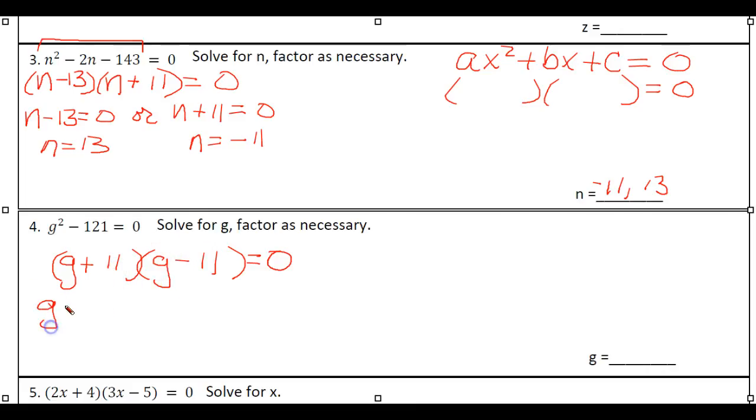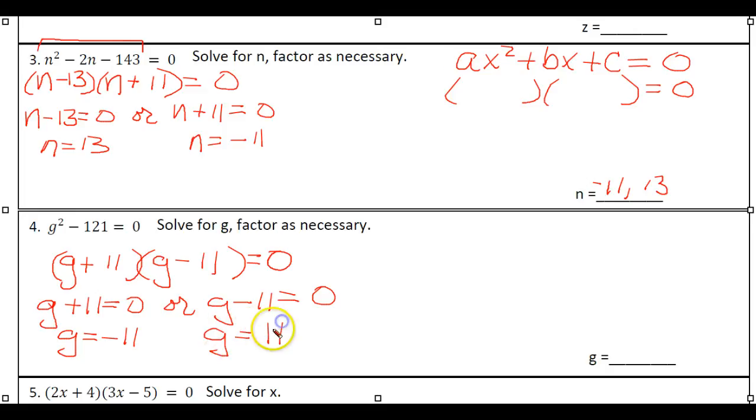And again, g plus 11 equals 0, or g minus 11 equals 0. So here g equals a negative 11, g equals a positive 11, and these are our answers.